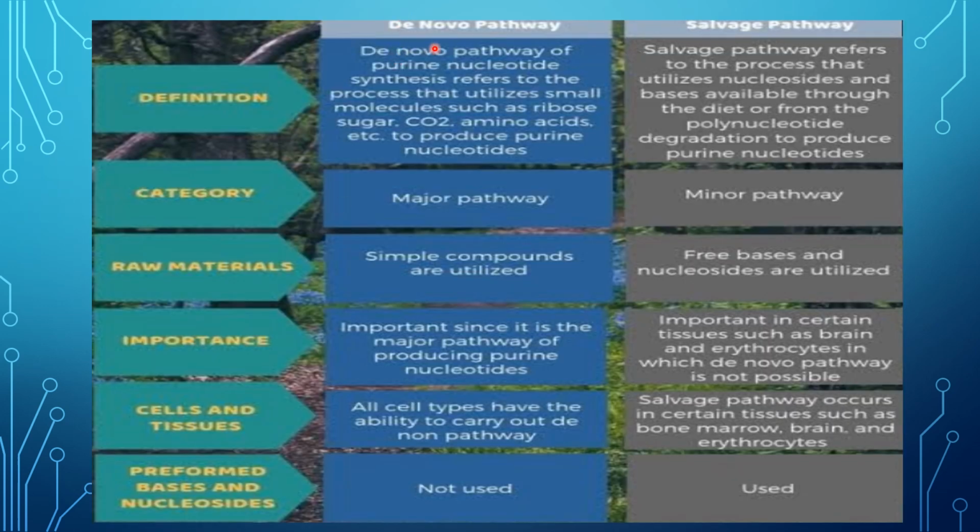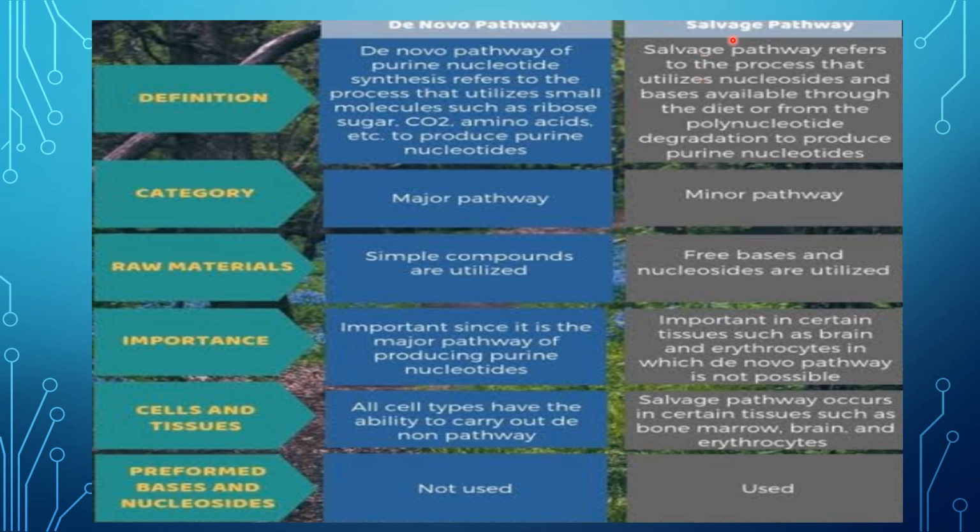Here we see the difference between the de novo pathway and the salvage pathway. The de novo pathway of purine nucleotide synthesis refers to the process that utilizes small molecules such as ribose sugar, carbon dioxide, amino acids, etc. to produce purine nucleotides.